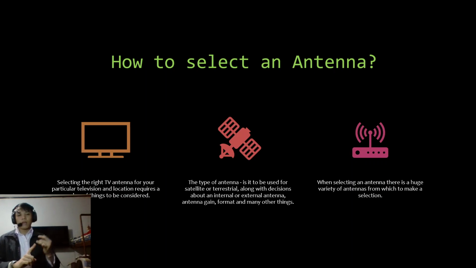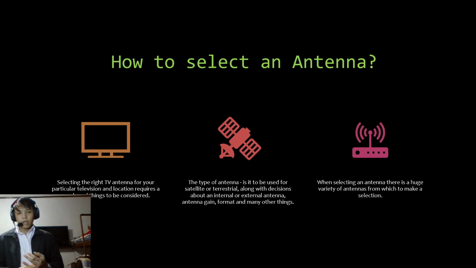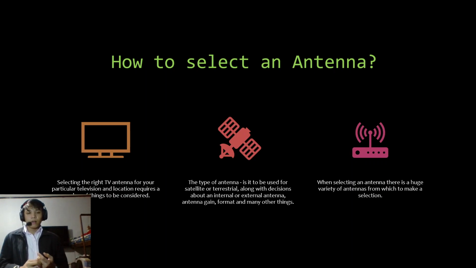Yung open, kung ilalagay mo ba sa roof, kailangan walang obstruction. The type of antenna, if it is to be used for satellite or terrestrial, along with decisions about an internal or external antenna, antenna gain, and format, and many other things.